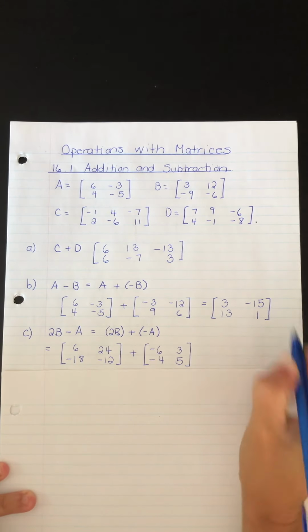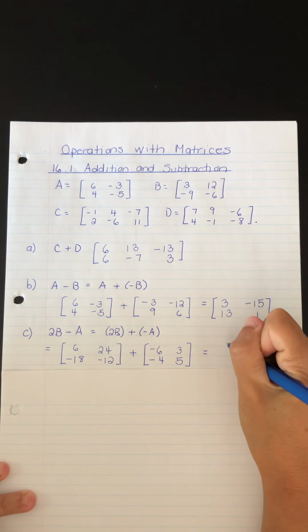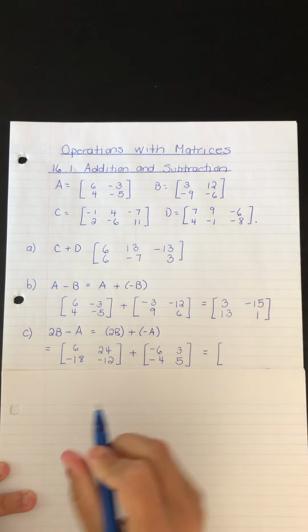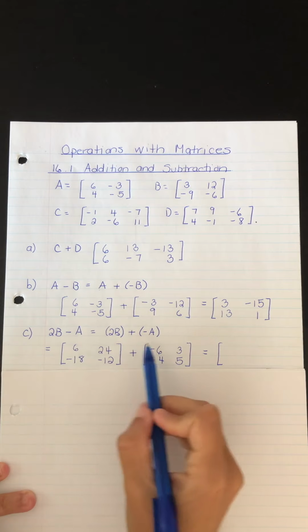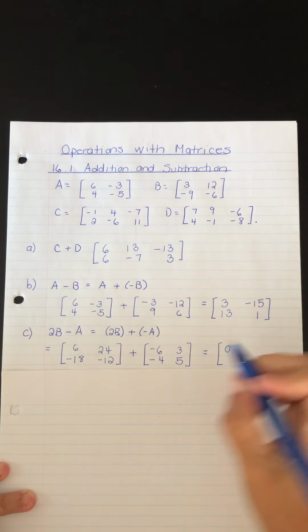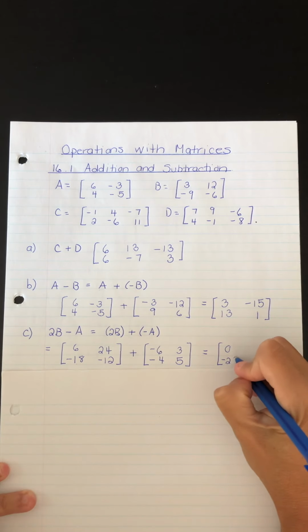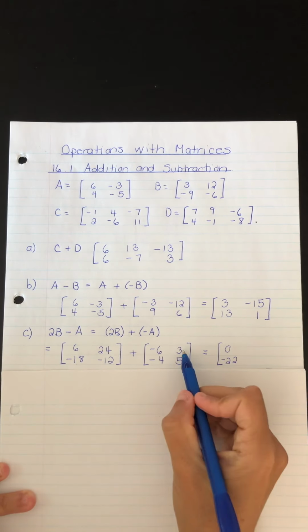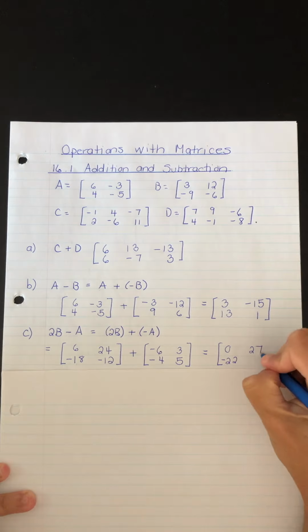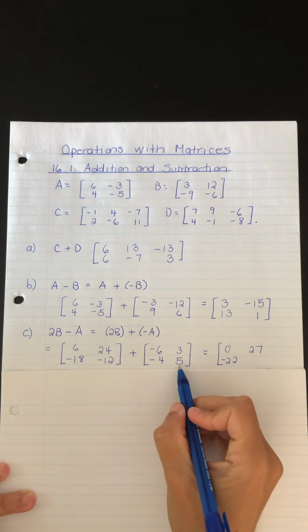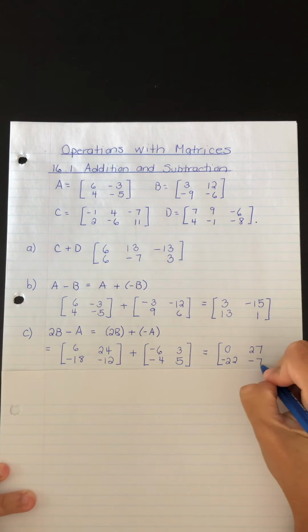Just like this. And now we perform the addition. Okay, so 6 added with -6, negative 18 added with negative 4, 24 added with 3, and negative 12 added with 5.